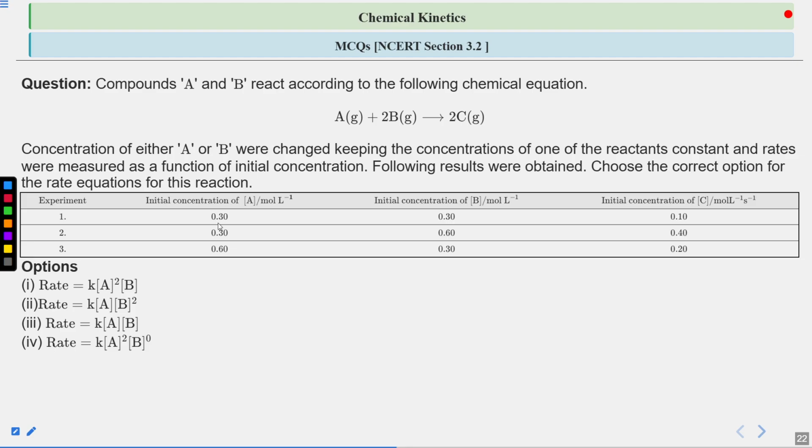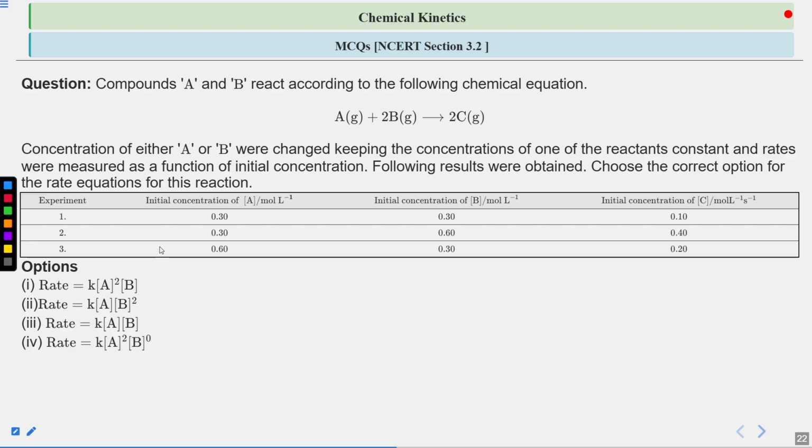Now we are changing the concentration of either A or B, keeping one compound's concentration constant while the other is changing. We compare this with the initial concentration present.